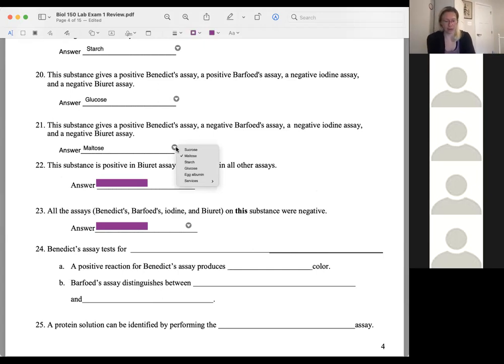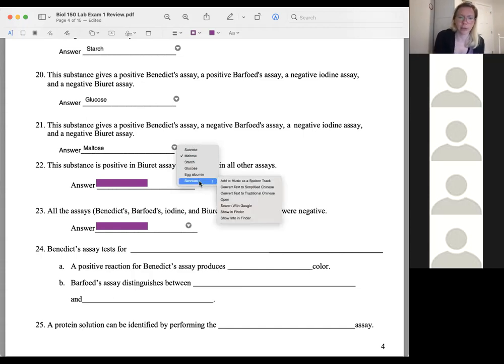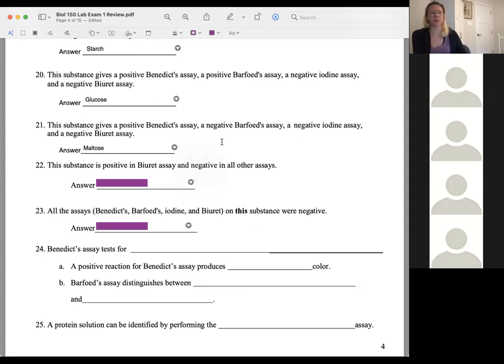On my PDF fillable version of this file, it doesn't have lactose as an option in the drop-down menu. But technically you could answer lactose here. That would be correct.